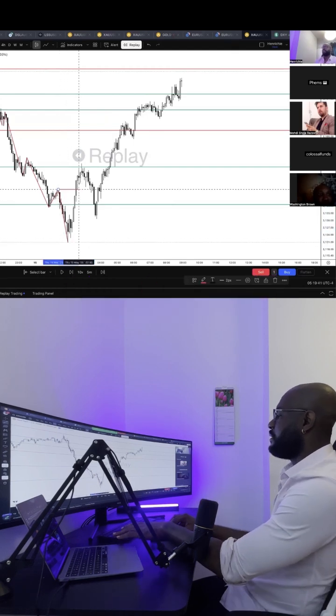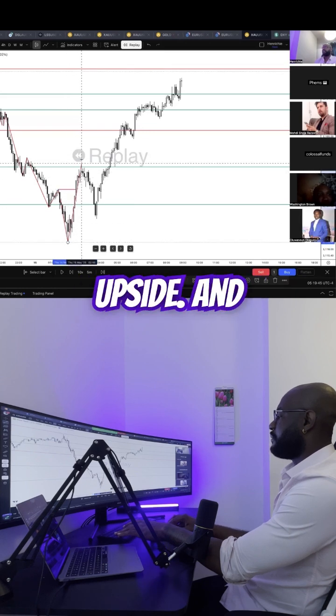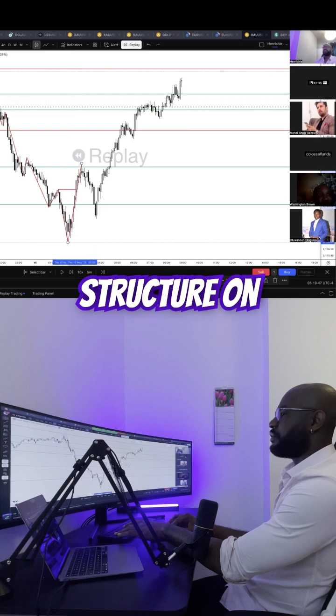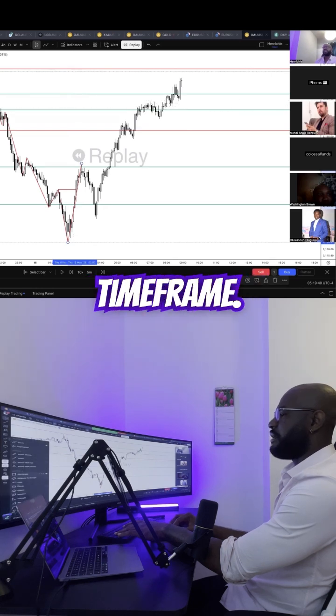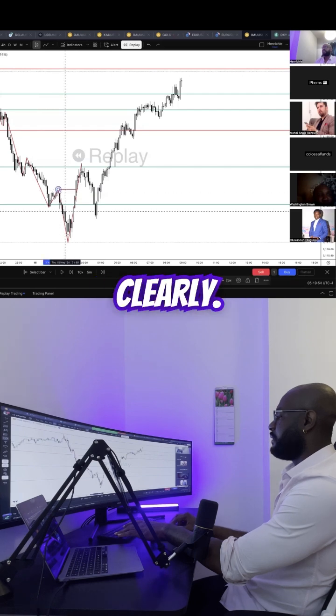And as you can see, the market rallied to the upside and broke structure on the smaller time frame. You can see that very clearly.